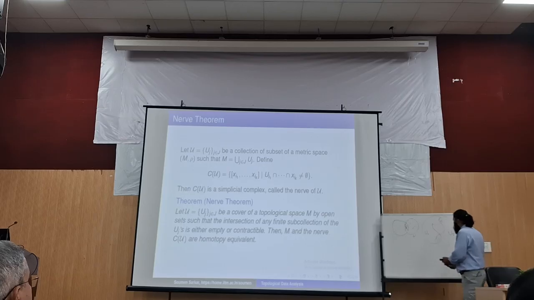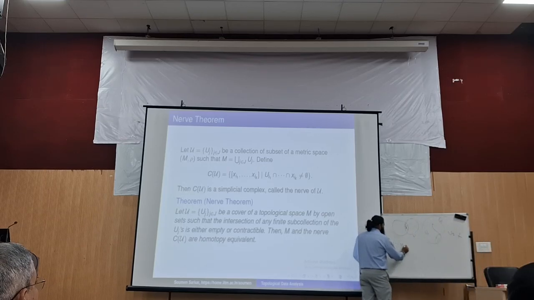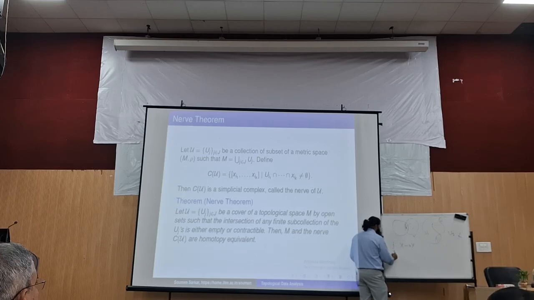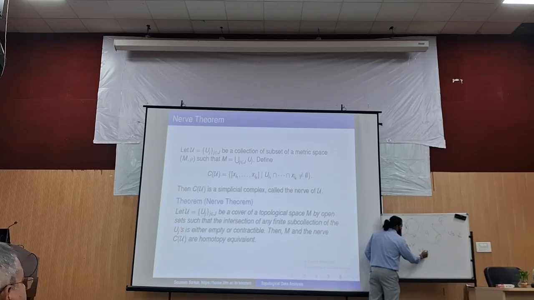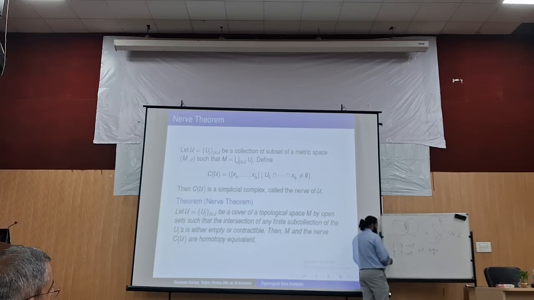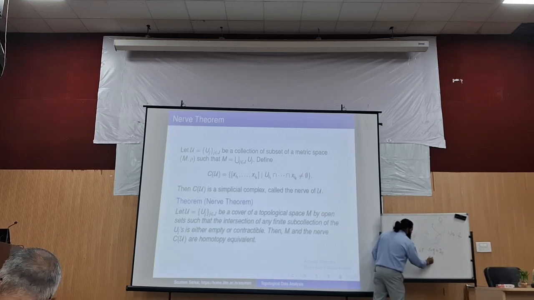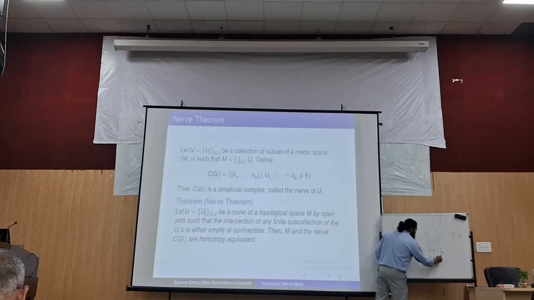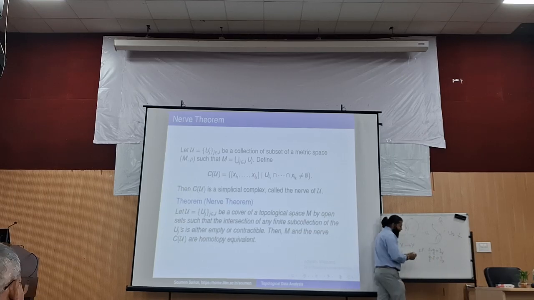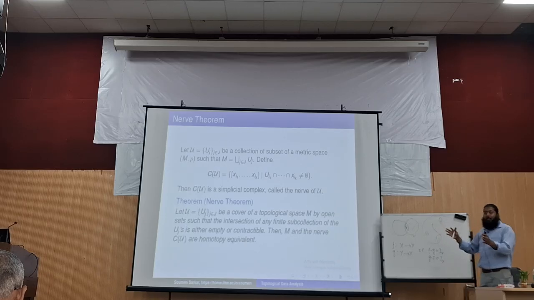So what does it mean by homotopically equivalent? We have a map F from X to Y and G from Y to X such that the composition F∘G is homotopic to the identity of Y, and G∘F is homotopic to the identity of X. Okay, so in other words, their topological properties are the same.